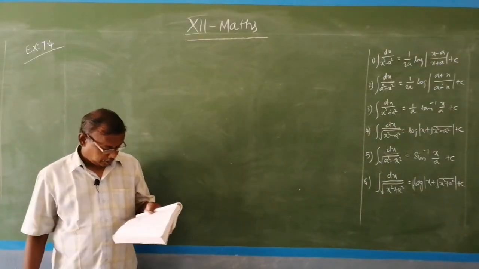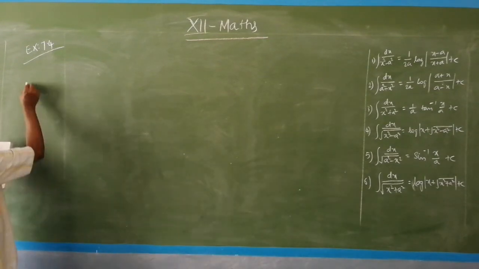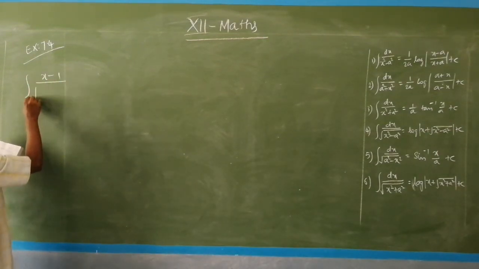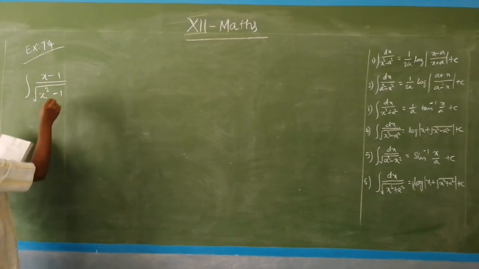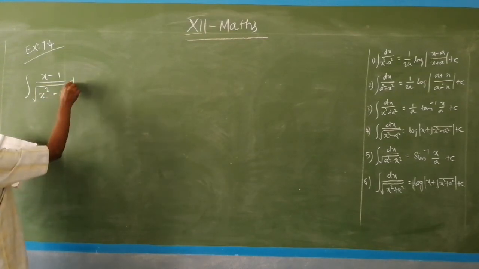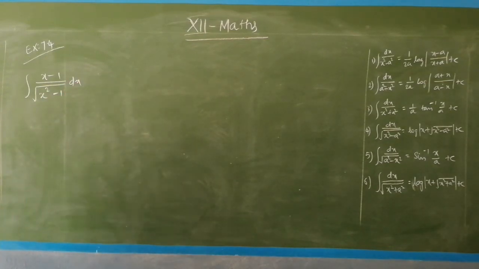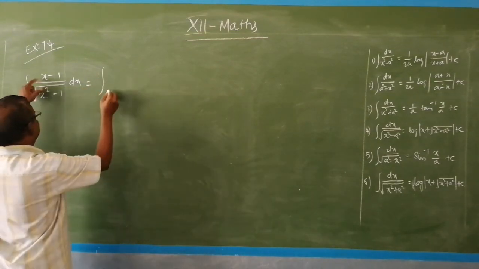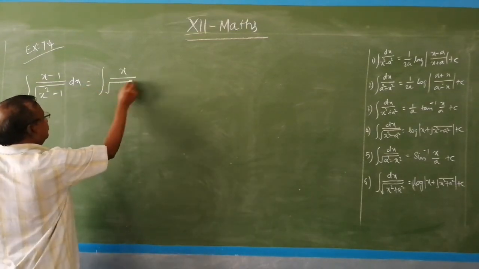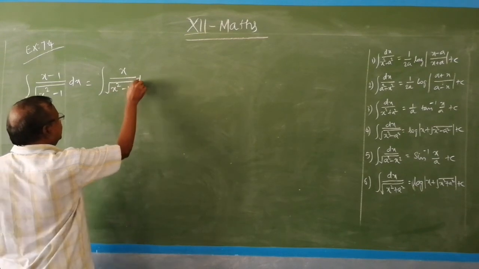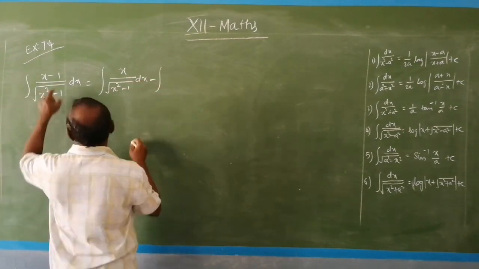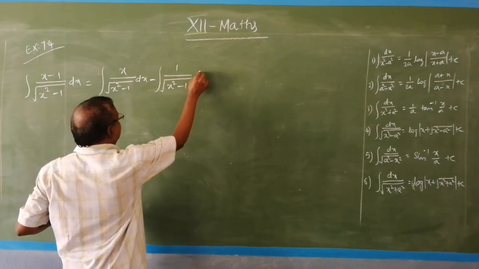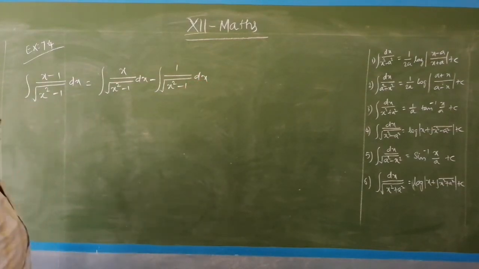Question number 7, integral x minus 1 divided by root of x square minus 1 into dx. We can split this as integral x divided by root of x square minus 1 into dx minus integral 1 by root of x square minus 1 into dx.